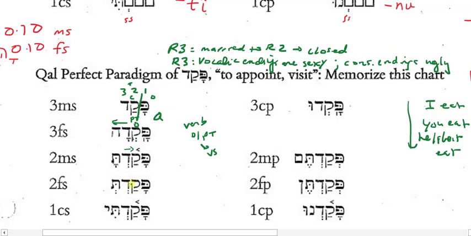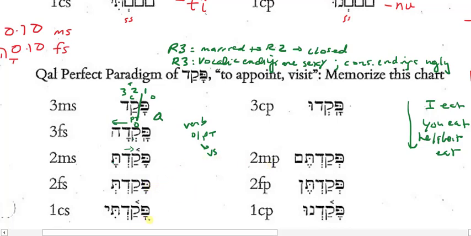Root 3 and root 2 stay happily married here. He's a real scoundrel, isn't he? Constantly going back and forth, back and forth. Sowing his wild oats, I suppose. Anyhow, now remember, we're not going to vocalize either of these shavas, so you visited, woman, is pakad. Pakad. Say that.